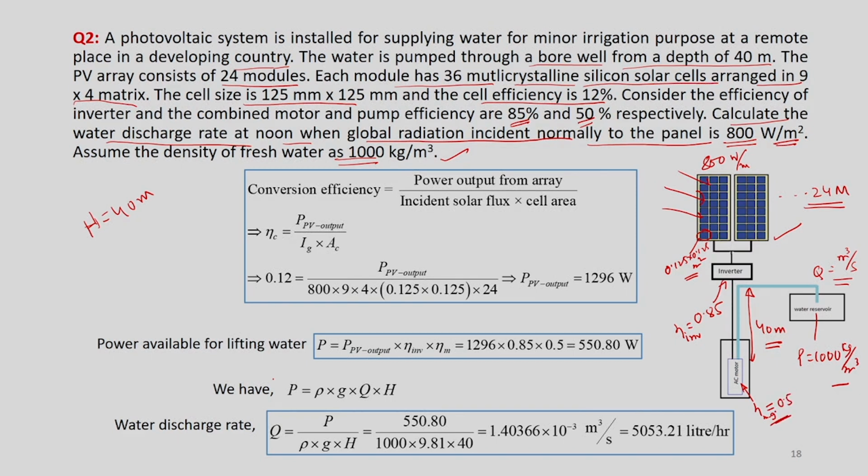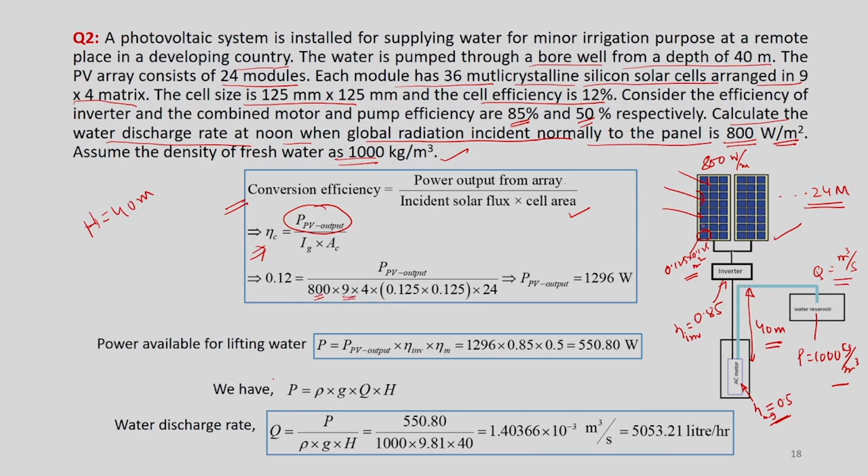Now, as we know, the conversion efficiency is the power output from the array divided by the incident solar flux multiplied by cell area. So, this is known to us, and we will calculate this PV output. The efficiency of conversion is given as 0.12, and Ig, as I already said, is 800 watt per meter square.